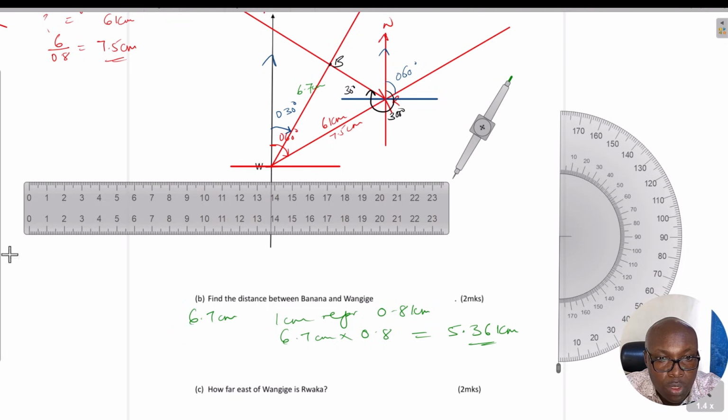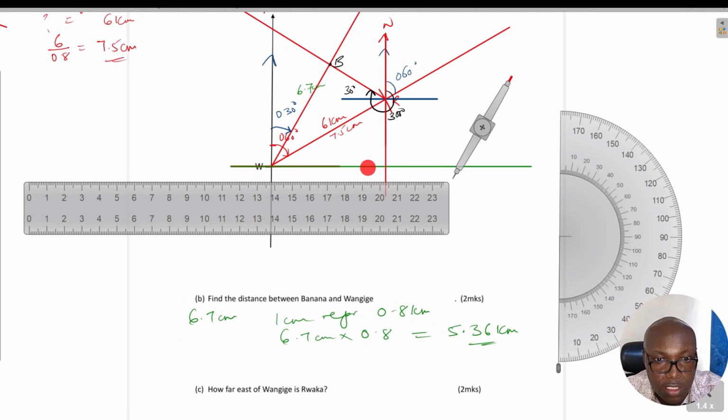For you to do that, you simply extend this line here, and the other one that is here, this true north, you have to extend that. You can see that Ruaka is here, then Wangige is here. So how far east? It is this.